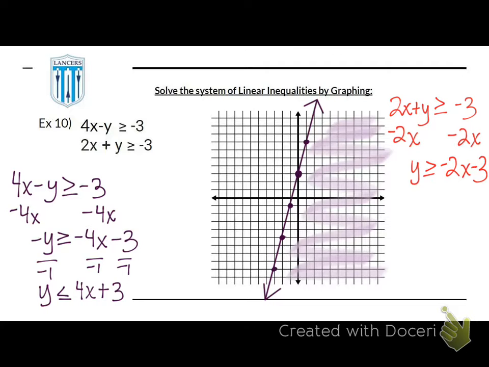Our starting point will go negative 3 on the y-axis. We get more points by going down 2, right 1, or up 2, left 1.